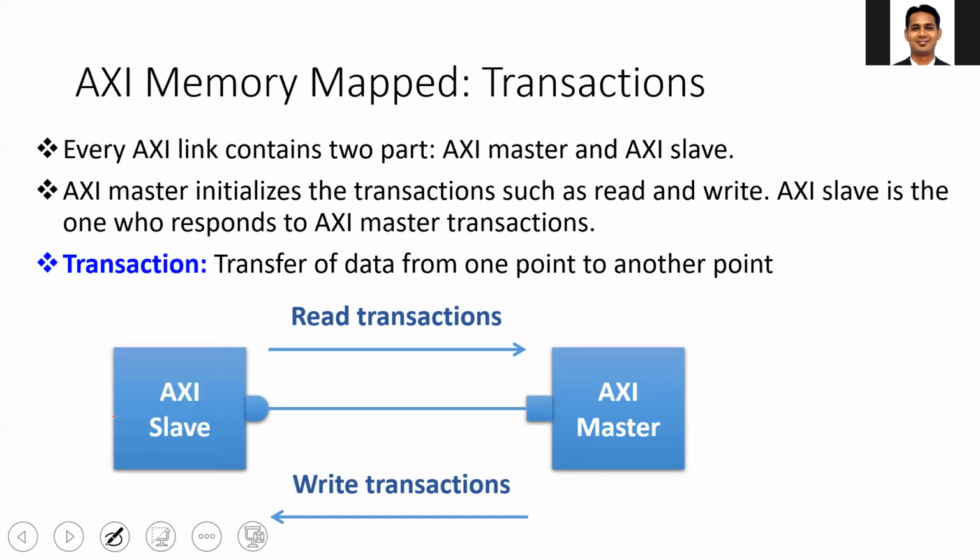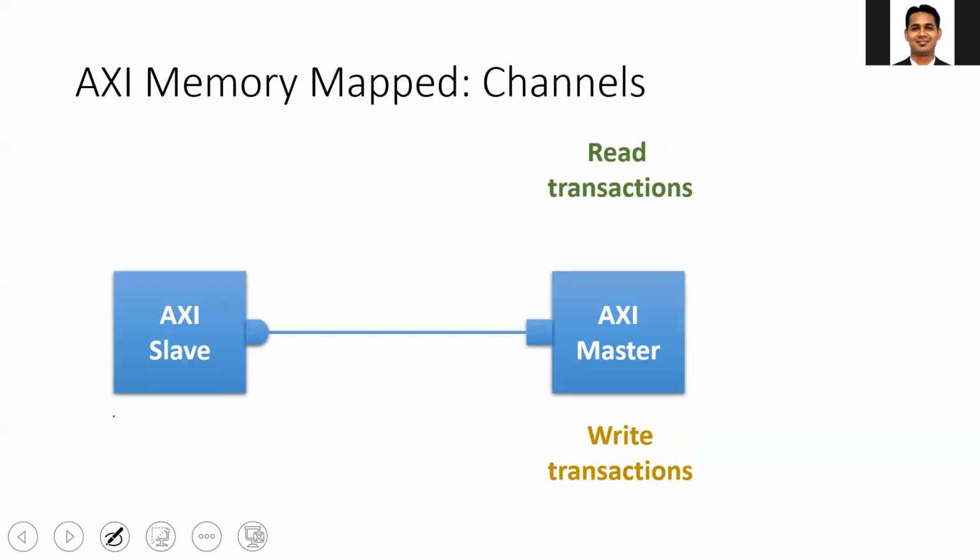On the AXI link, the master initiates the transaction. The slave cannot initiate a transaction. Only the master can initiate the transaction. The slave will only respond to it. And what is a transaction? It's a transfer of data from one point to another point.